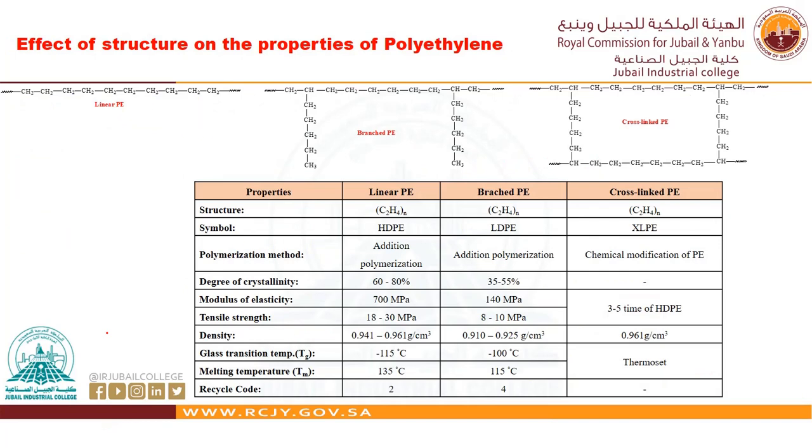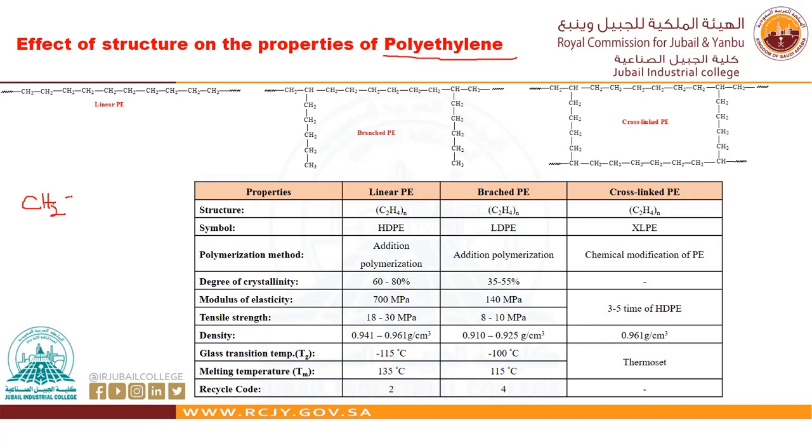Now, having talked about various classifications of polymers, I will move into the effect of structure on the properties of some polymers. And I will start with the example of a very common polymer, polyethylene, which we find everywhere at home, in the offices, everywhere. Polyethylene is made from a simple monomer called ethylene, CH2=CH2, with a double bond.